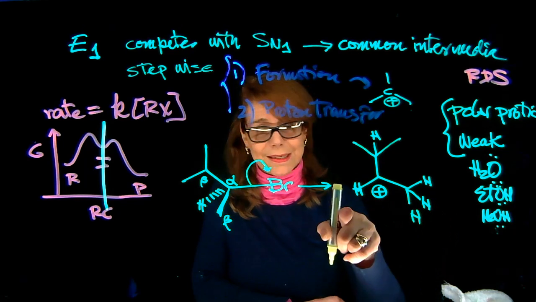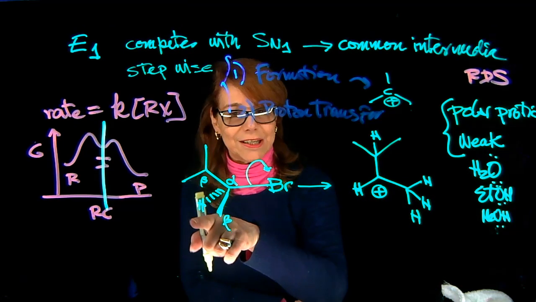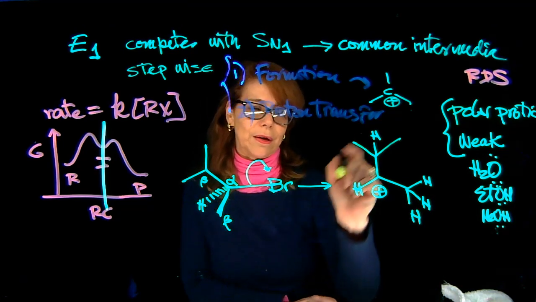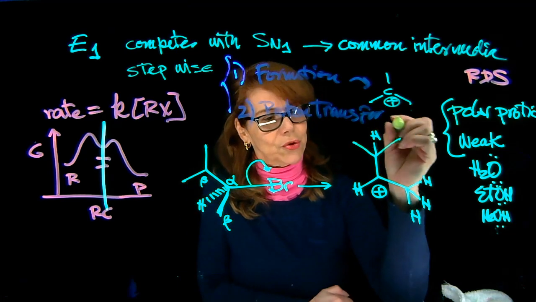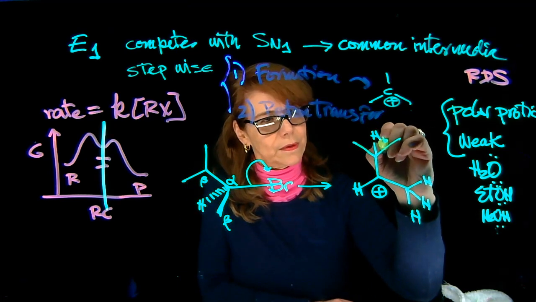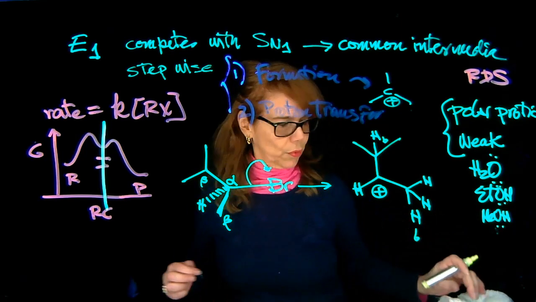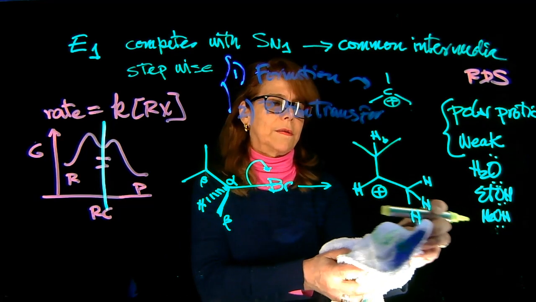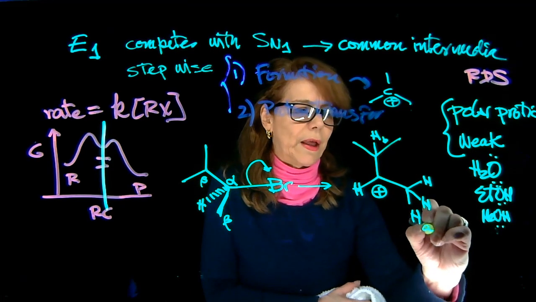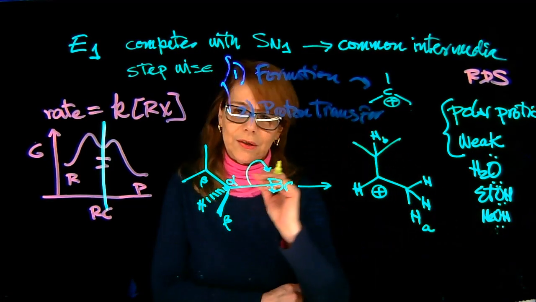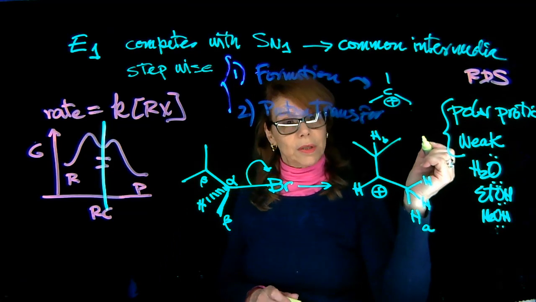Notice this is not a beta hydrogen, it's attached to the alpha carbon. I'm going to use one of these to eliminate. Let's label that hydrogen type A, hydrogen type B, to give you the products.